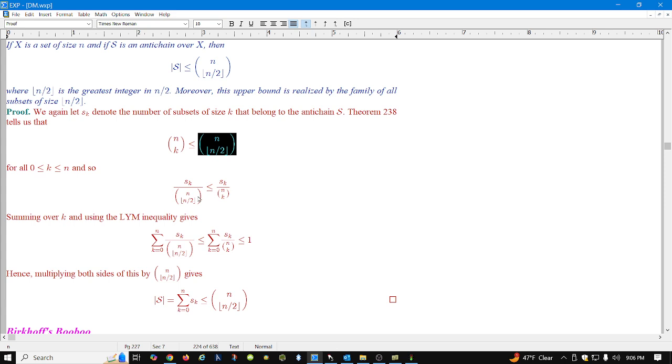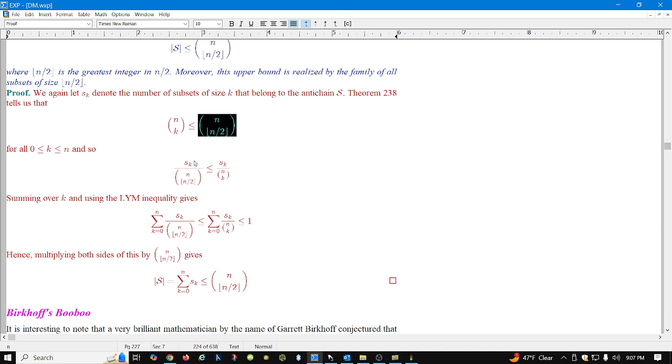And so if we stick these two numbers in the denominators, same numerator, it reverses the sense of the inequality. S sub k divided by n choose floor of n over 2 (floor is another way to say greatest integer in n over 2) is less than or equal to S sub k over n choose k.